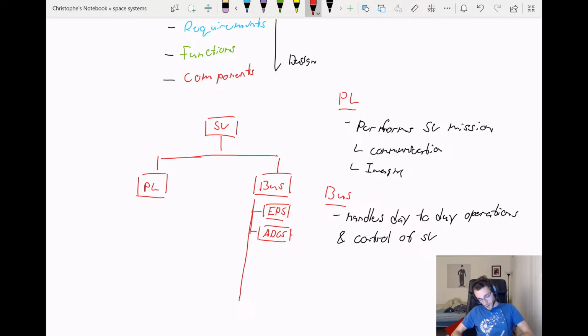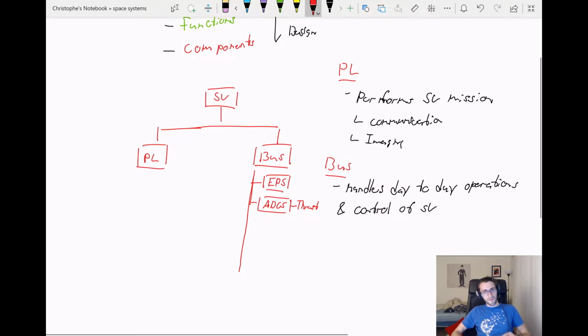And I'm going to add an addendum there and put thrust also on there. They're kind of similar. It also manages, to some degree, depending on the payload that you're using, a little bit of thermal control. It's a little bit of your thermal control systems.